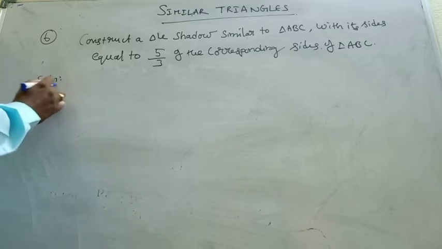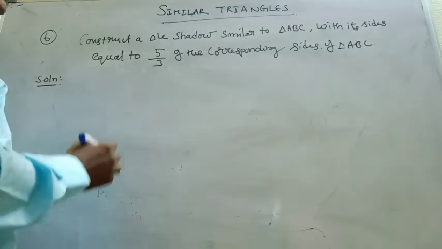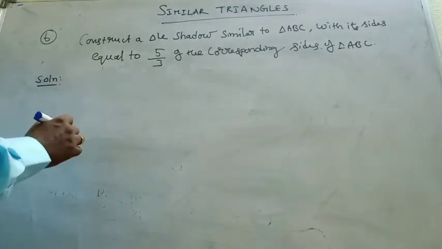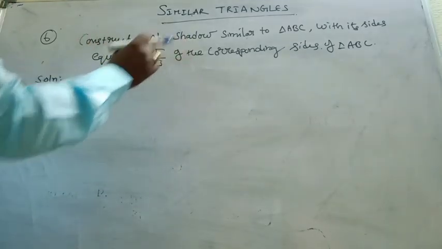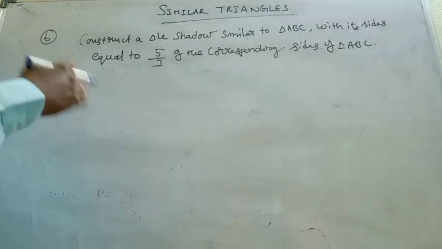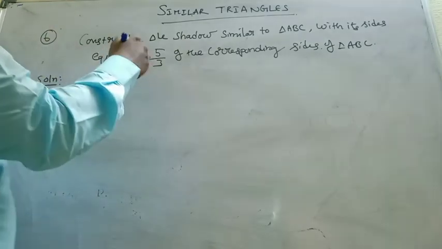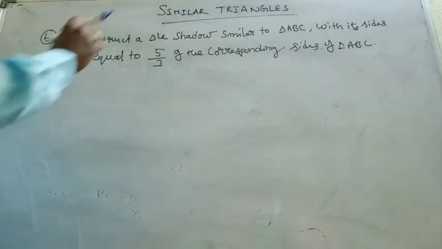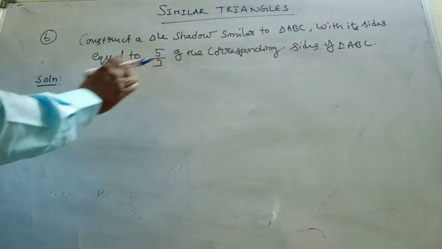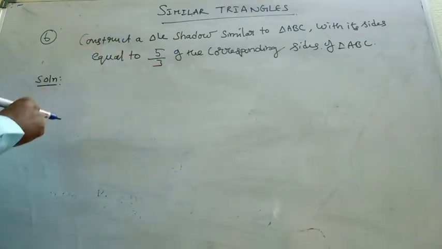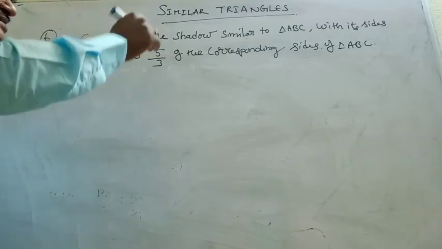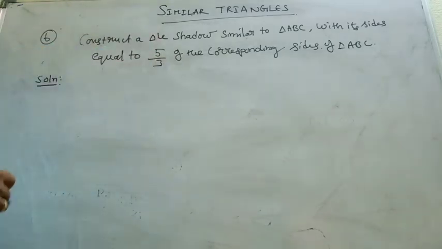We are going to construct a triangle similar to the original triangle, whose sides are 5 by 3 of it. 5 by 3 means more than one time, more than one. That means we are going to construct the triangle which is bigger than the given triangle. How are we going to do it?